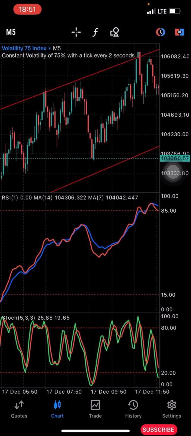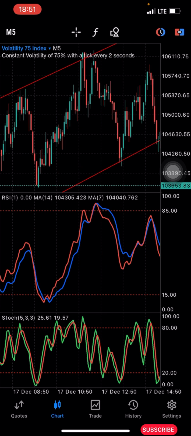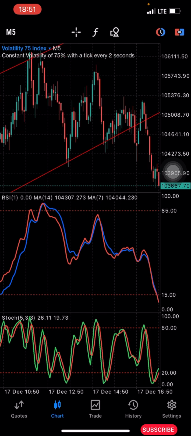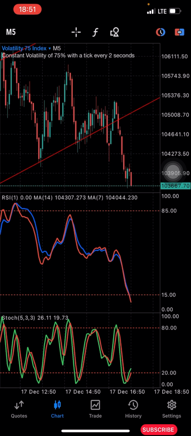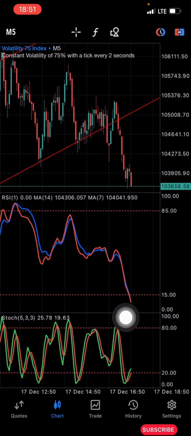Now let me first of all use this indicator, the stochastic oscillator. Let's just use this area here. As you can see here in the market, take note of the indicator window 2 around this area.